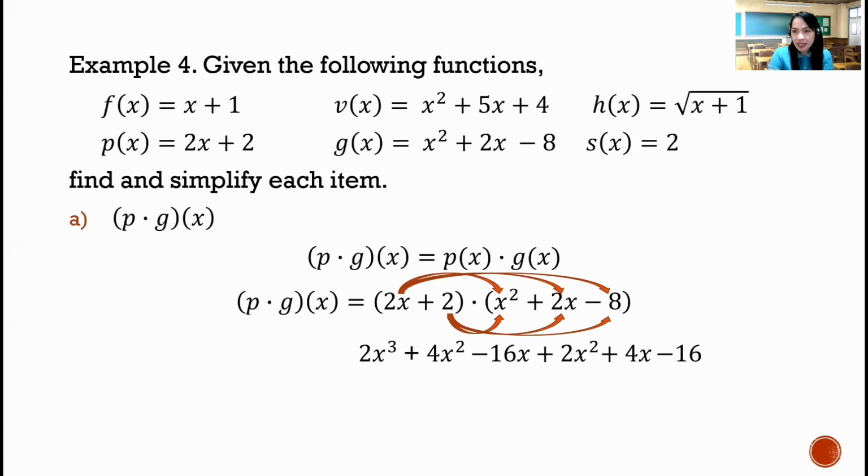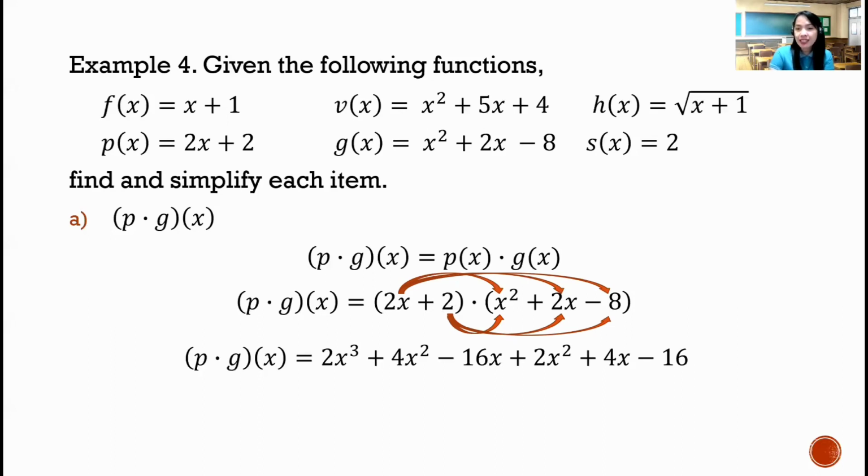So our next equation here is this. Kung mapapansin ninyo ay may mga like terms. Ibig sabihin, may mga degree na pareho. Ano-ano ba yun? Here, in the first term, we have 2x cubed. Meron bang kaparehong exponent na 3? Wala. So, just copy. What about 4x squared? May pareho bang degree yung 4x squared?